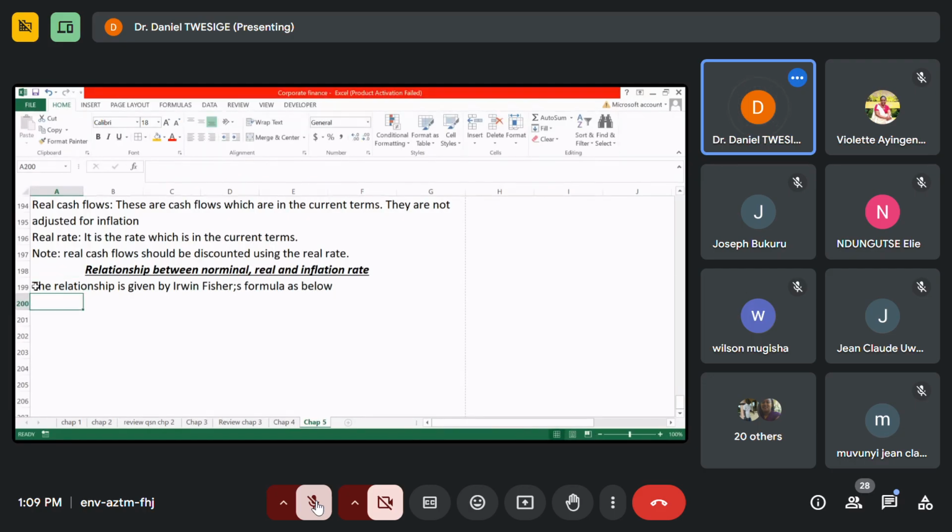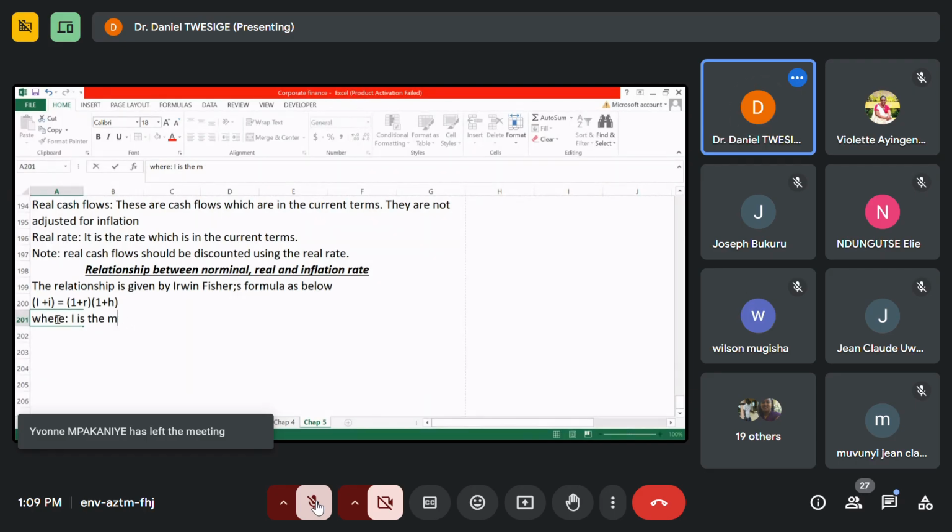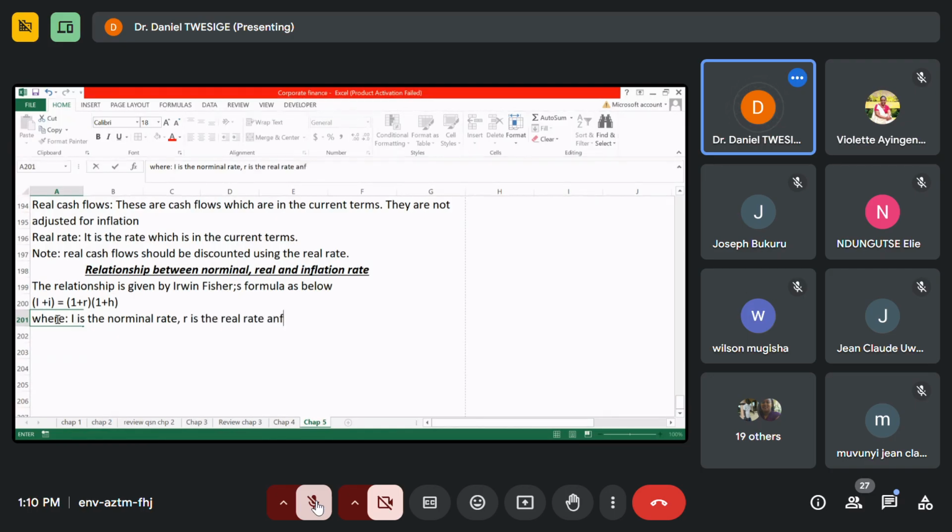As below, we have 1 plus I is equal to 1 plus R into 1 plus H, where I is the nominal rate, R is the real rate, and H is the inflation rate.